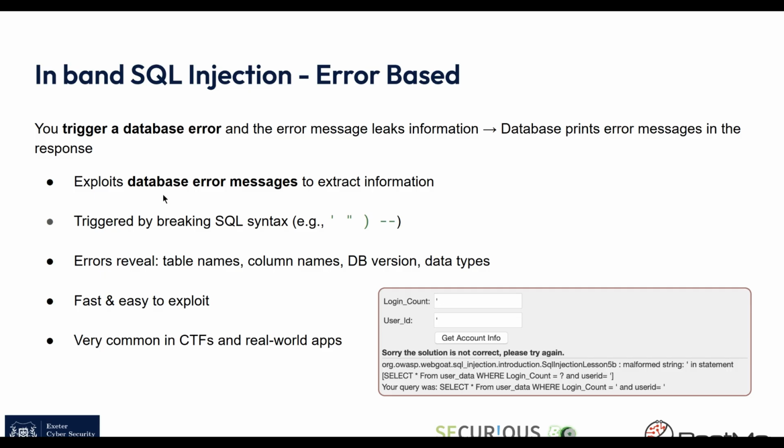One thing that is also very useful is the two minus signs. It's called a comment in SQL, and you can comment out the rest of the statement. So you can, for example, say this or 1 = 1, and comment the rest. All the rest will be forgotten, and you just add a true condition, making the whole statement true, and at the end of the day it gives you access to what you're trying to get.